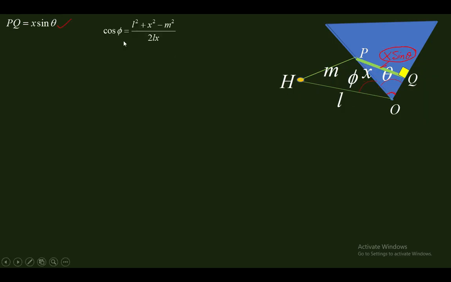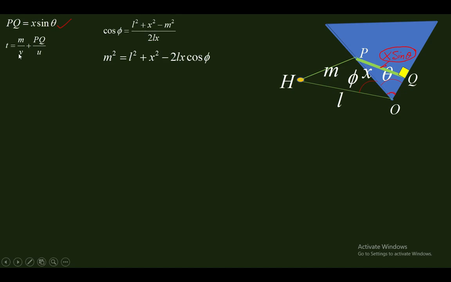This is L. Then cos phi from this triangle using the cosine rule. If you remember the cosine rule, cos of angle phi is given by this expression. And from here we can find the value of m in terms of x, and the time will be: m distance is covered with a speed v, so m by v.